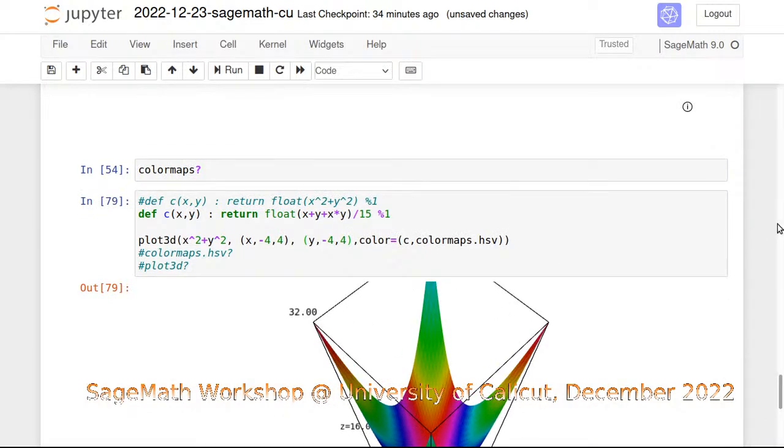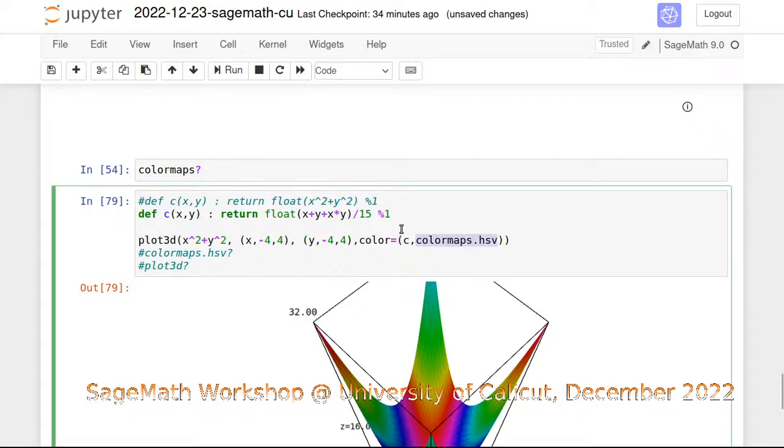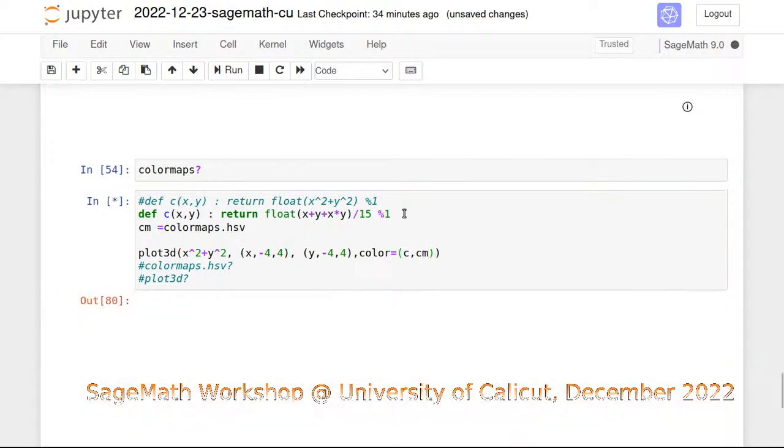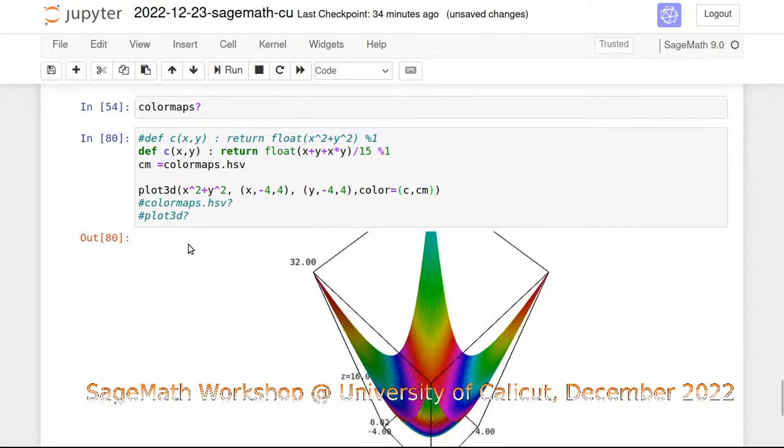Surprisingly, this is not the function as per the definition. Okay, let me just change it once again here. Is it randomly changing? No, there is no difference.